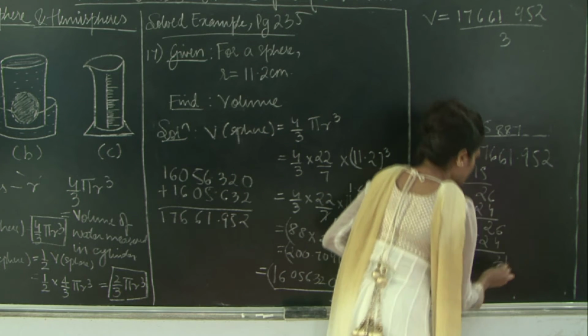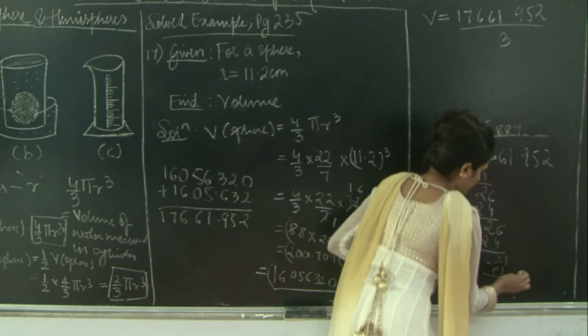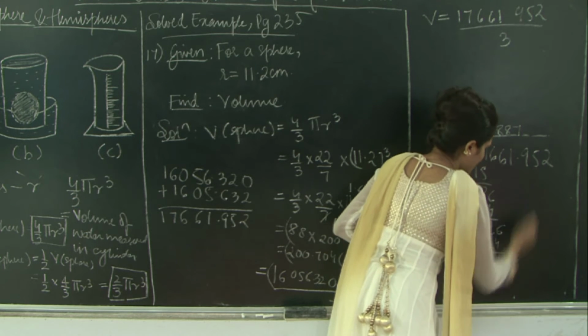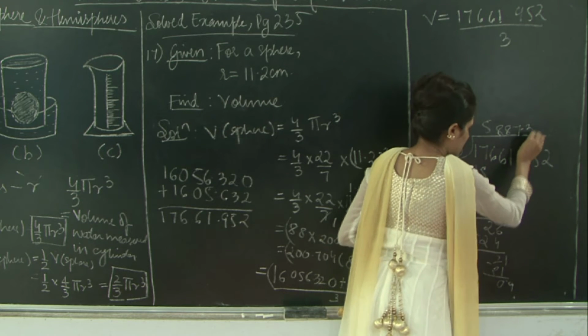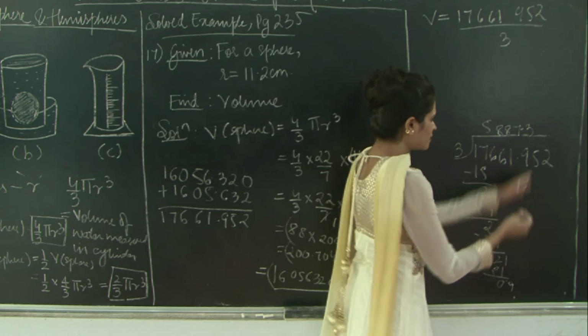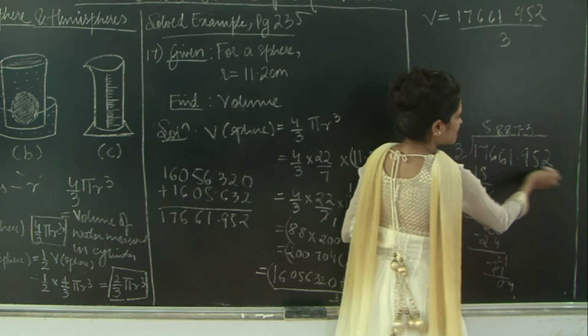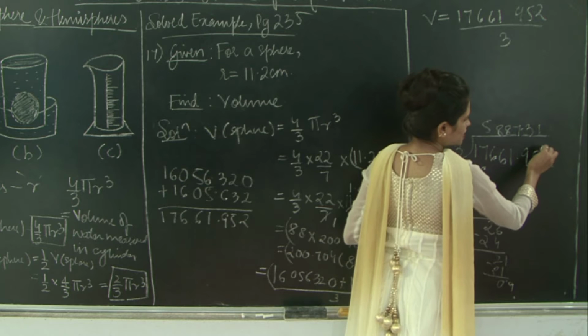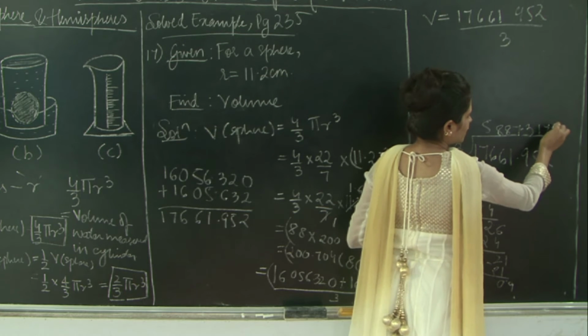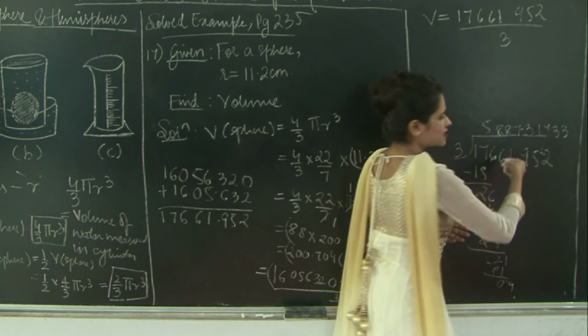So 3 7s are 21, 0. I'll bring down this 9 and I'll put a decimal point here. Then 3 3s are 9. Now we do not have much space, so let's do this orally because we just have 2 more decimal places. 3 1s are 3 minus, so 2, 3 7s are 21, 3 3s are 9, 3 3s are 9. So this keeps on repeating.